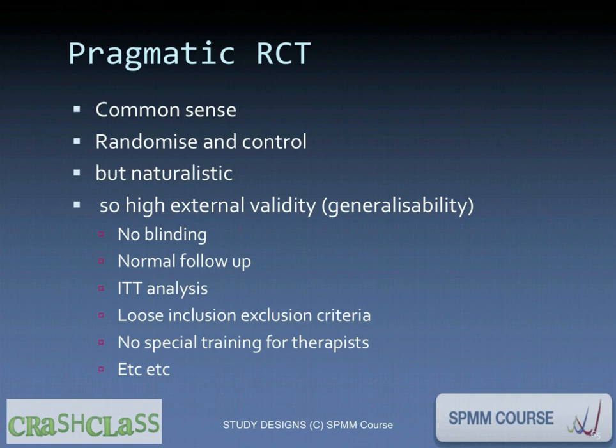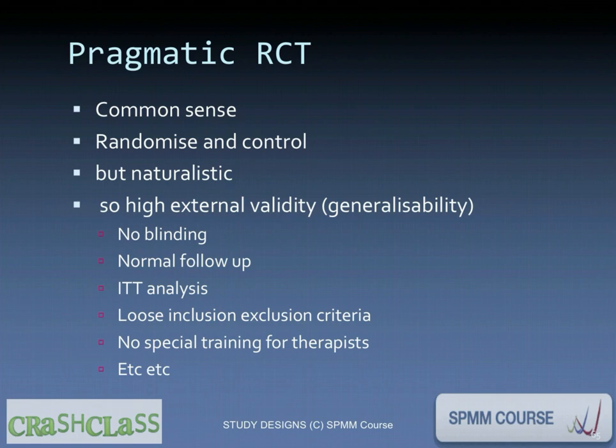If you have strict inclusion-exclusion criteria, for example, in a trial of antidepressants, if you exclude everybody who drinks alcohol, then that's not representative of the population. Okay, and that's not very pragmatic. So if you have loose inclusion-exclusion criteria, loose in the sense flexible, and allow people to come into the study, then you're doing more of a pragmatic trial.